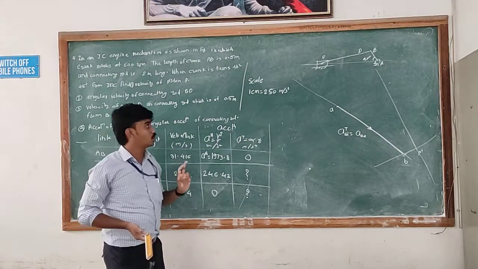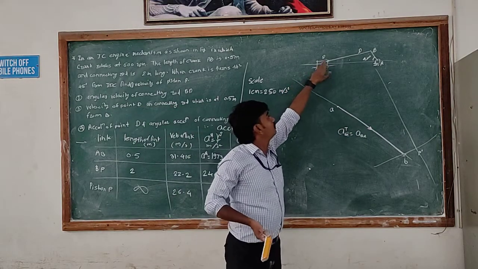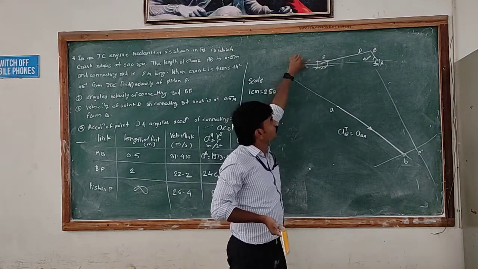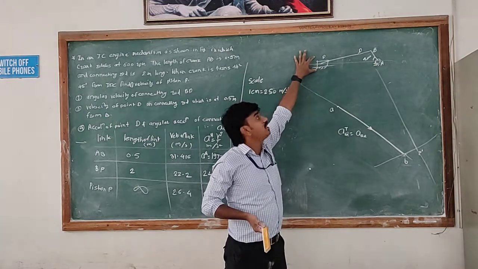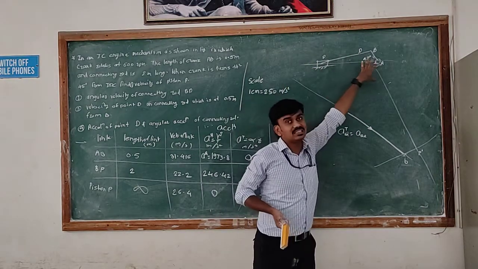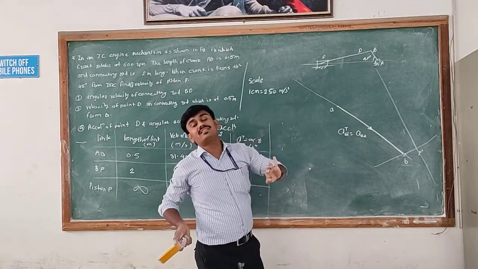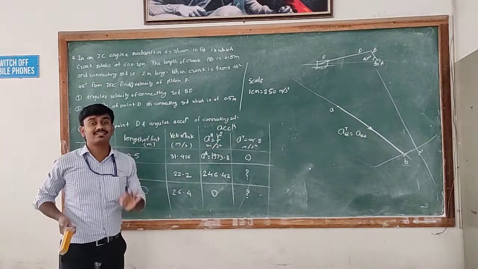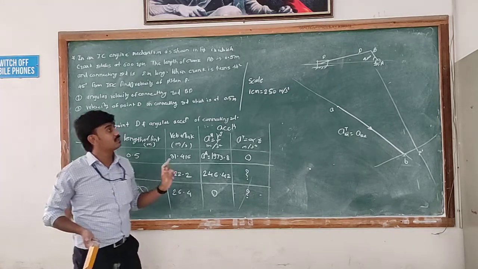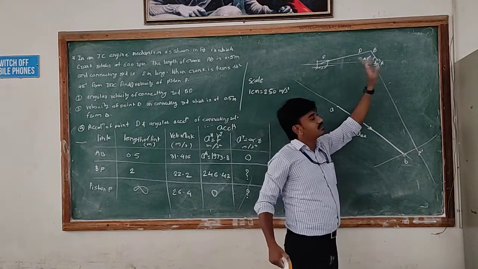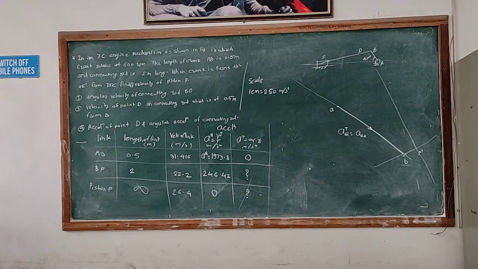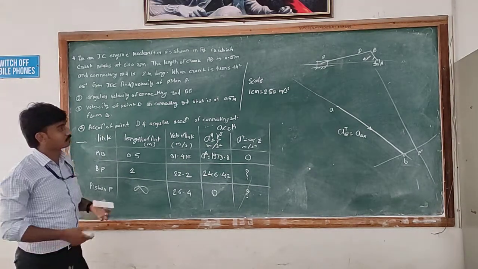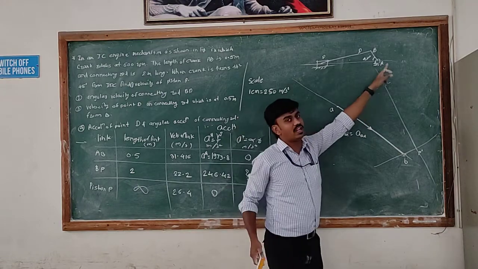Okay. Now, as this slider moves along the stroke line, its acceleration vector is parallel to this stroke line.